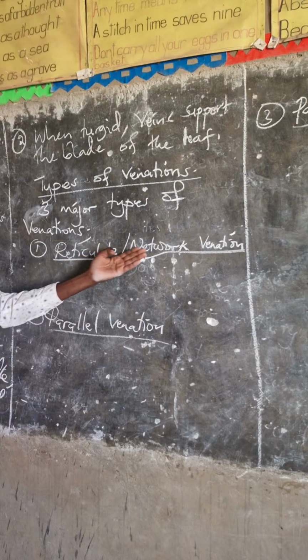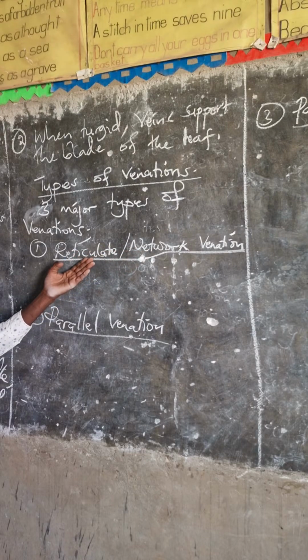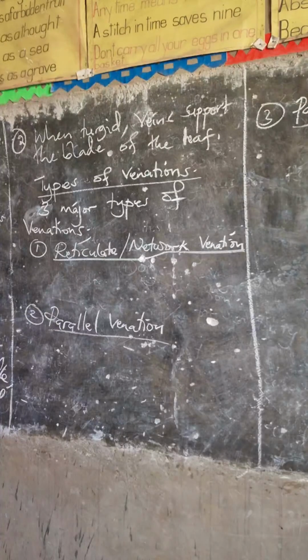As you hear the word network or reticulate, this kind of venation, let me use this one to bring it out clearly.